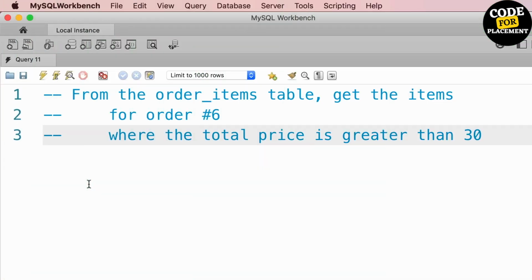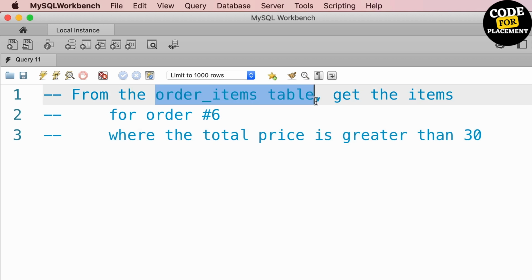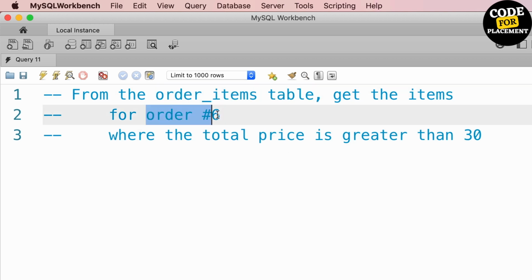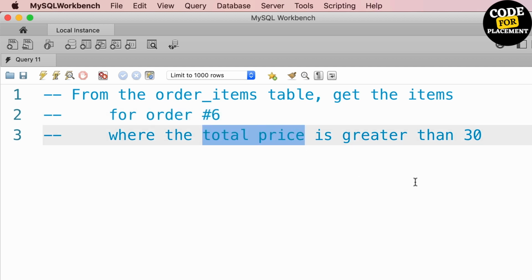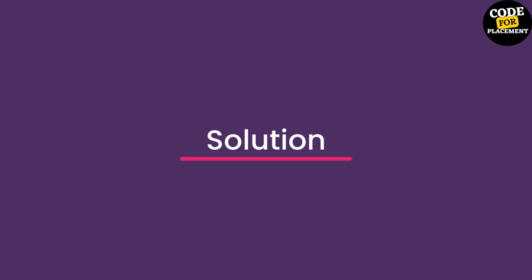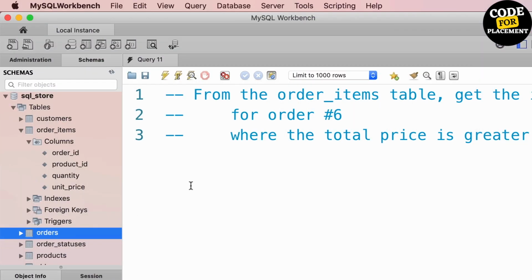Now let's jump to an exercise. From the order items table, get the items from order 6 where the total price is greater than 30. So this is my first question. Let's solve this question. We have the order items table.